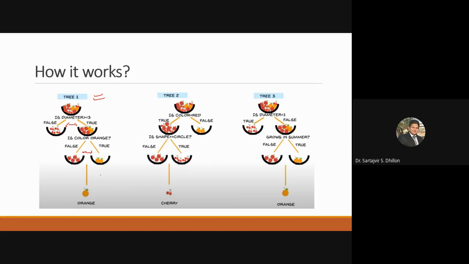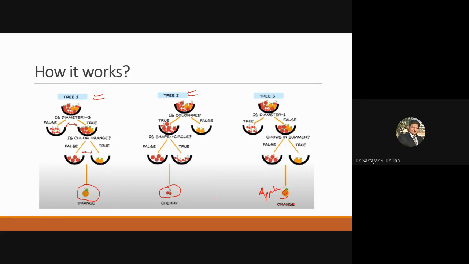Here we have applied this tree to identify the oranges, and your second tree is designed to identify the cherries. Your third decision tree must be for the apple.